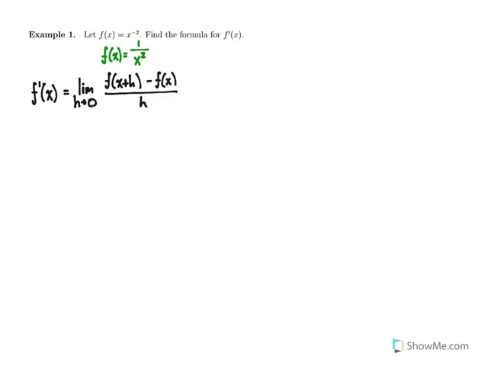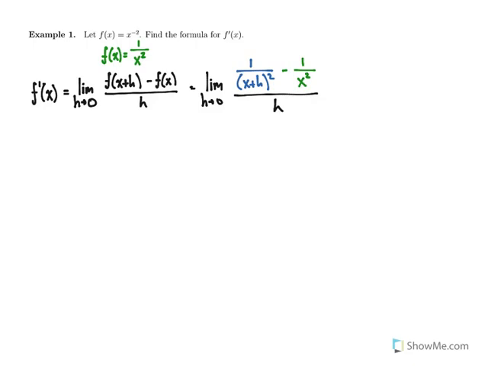And for our function, we have that f of x plus h is going to be 1 over x plus h quantity squared. And when we subtract off the function itself, we have 1 over x squared, all over h.